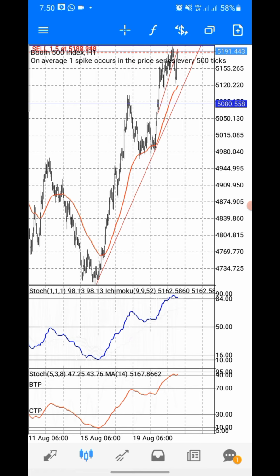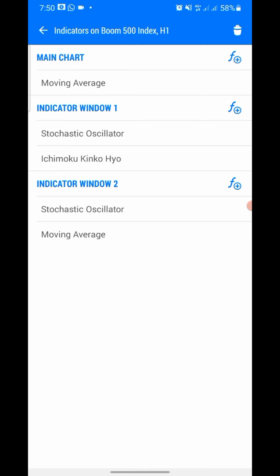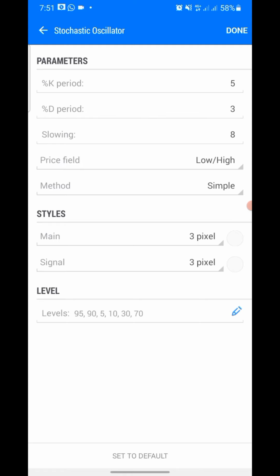So we go to indicator window 2, which is the one with the red indicator. On indicator window 2, we also have two indicators. We have the stochastic oscillator also, and we have the moving average. The stochastic oscillator on indicator window 2 is quite different from the one in indicator window 1.